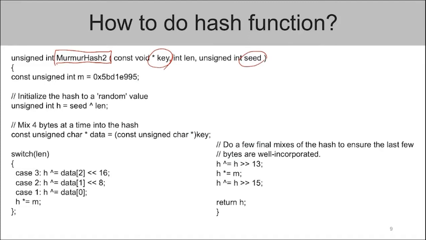We will first initialize the hash with a random value. Then we will mix 4 bytes, which is 32 bits in this lab, at a time into the hash. And we will do this computation here.